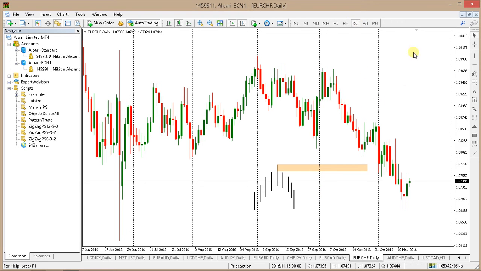I tested dailies, weeklies, hourlies, and I found on every one of them that the 9-candle fractal is the most optimal. If you make it larger, for example an 11-candle fractal, just add 1 candle here and 1 candle here, and you will have 5 candles lower than the fractal high on each side.